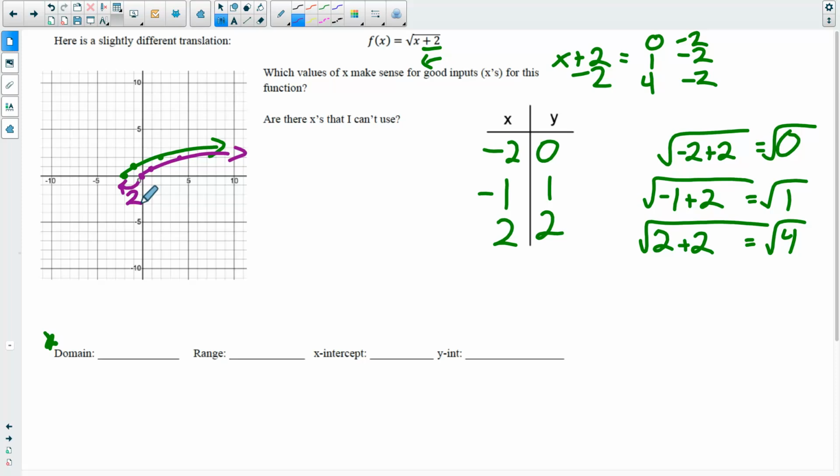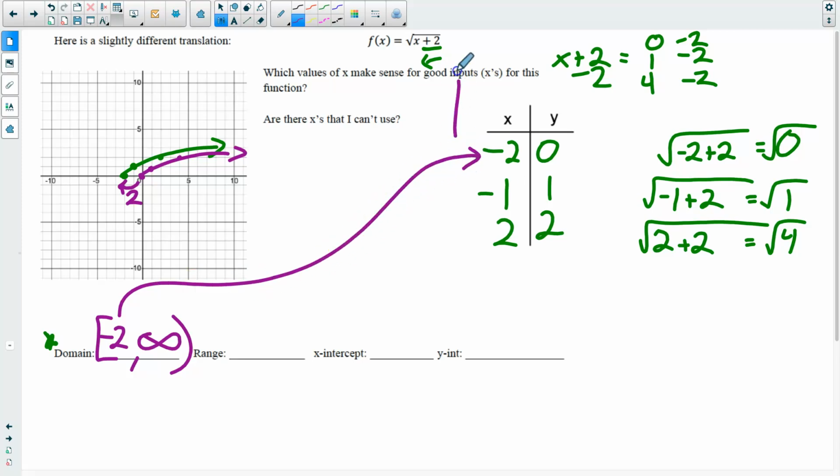So that's one connection I want you to see. Our domain. Where am I starting at for my axis? Negative 2. So that shows up right here, and it also shows right there. It shows in the function as a trick because it's the opposite. It shows right here as my starting point.